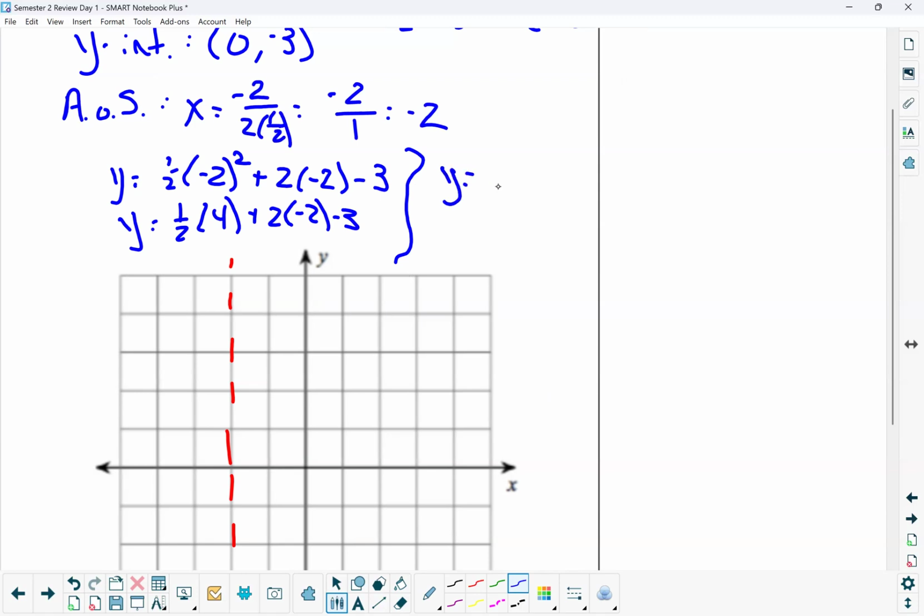Then we can do our multiplication. Half of 4, 2. 2 times negative 2 is negative 4 minus 3. 2 minus 4 is negative 2, minus 3 is negative 5. So our vertex is negative 2, negative 5.